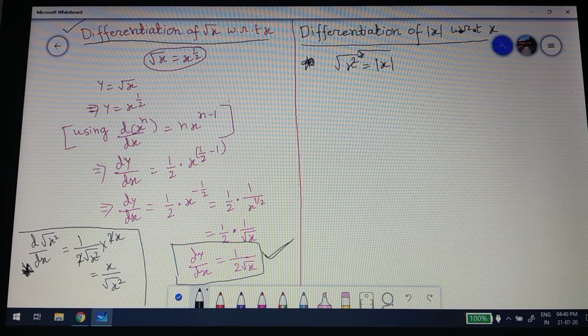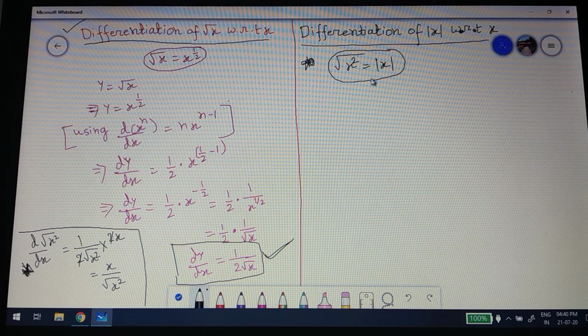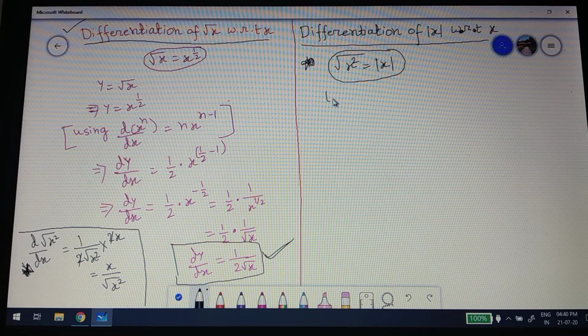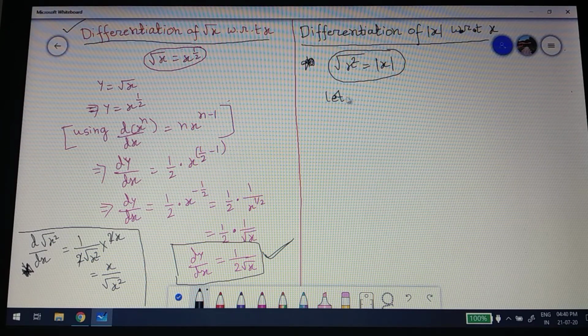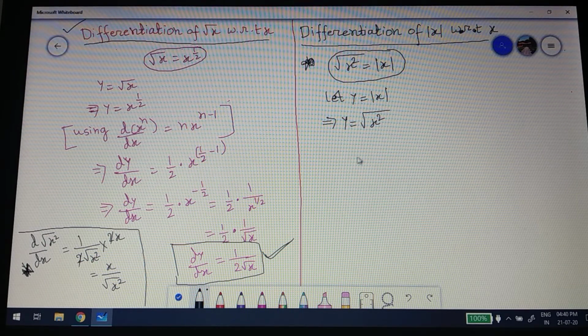This is our prerequisite knowledge for understanding this differentiation. Root over x square equal to mod x. So I can write, let y equal to mod x, implies y equal to root over x square.